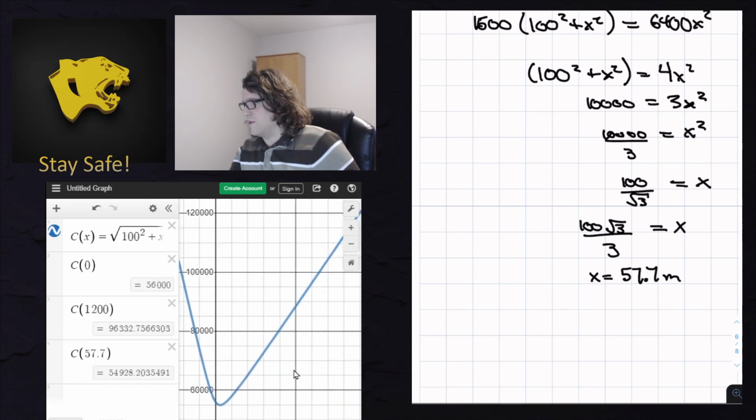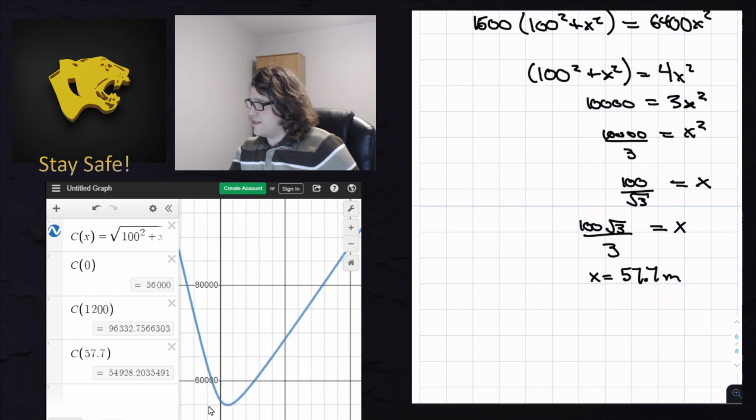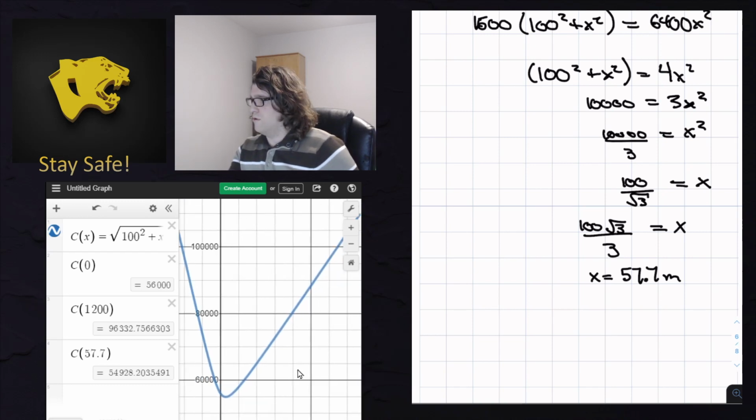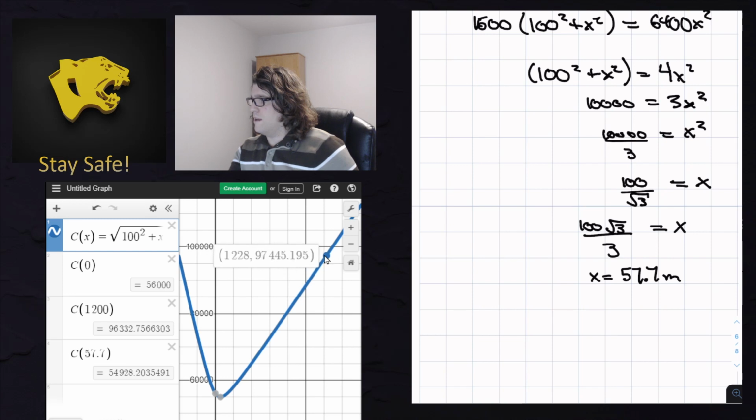I can zoom out a little bit there. So it's interesting. This is the point that we said was cut straight across. At 1200, whoa, we're way up here somewhere, and this is much more expensive. So that was the total underwater. The rest of the graph kind of wouldn't exist.